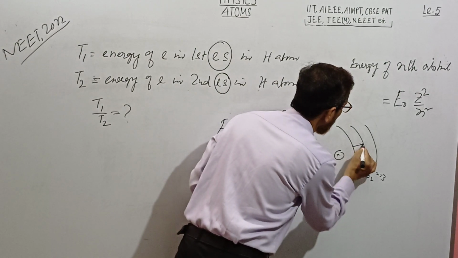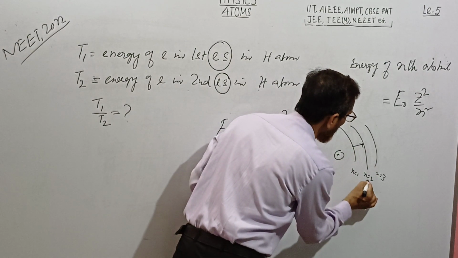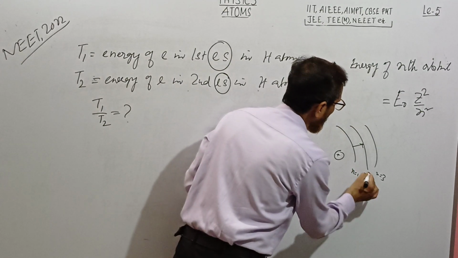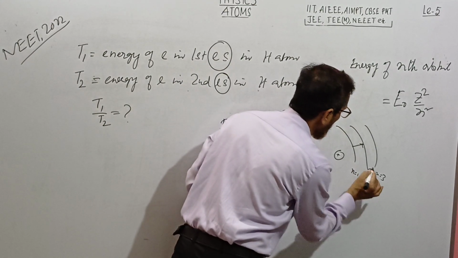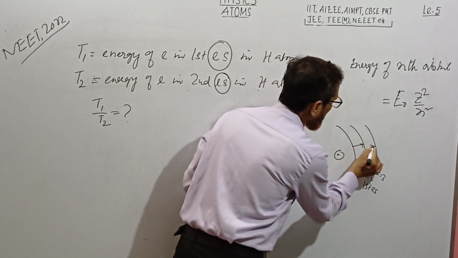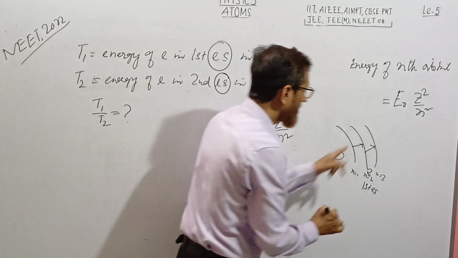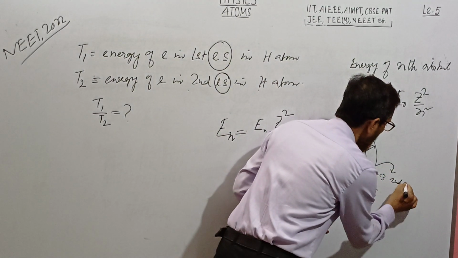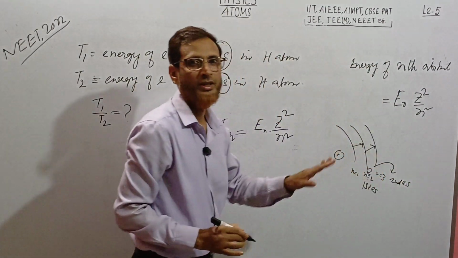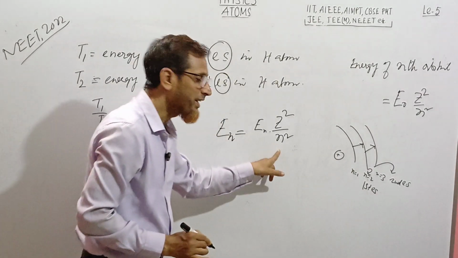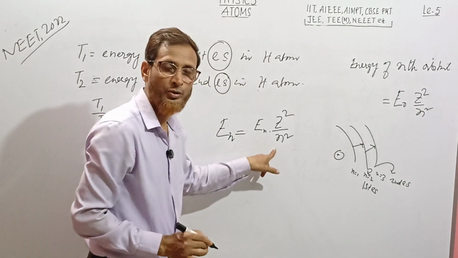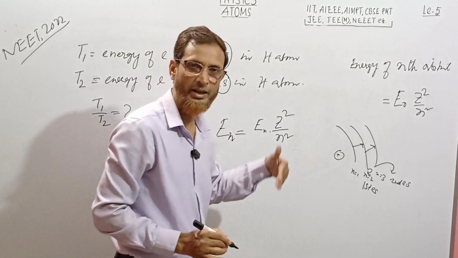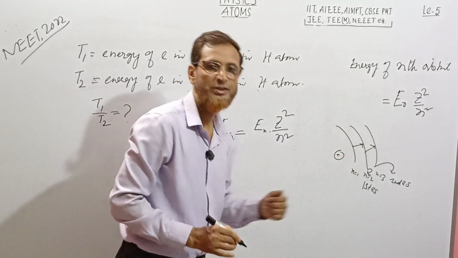First excitation state is n is equal to 2. When it jumps further to the next energy level, it is called second excitation state, and that means n is equal to 3. That things you should know. First excitation state, second excitation state, n is equal to 3.